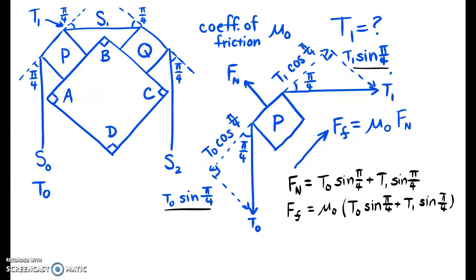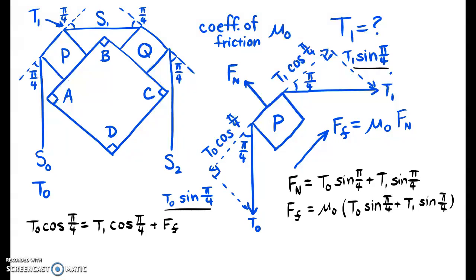So we have T0 times cosine of pi over 4. That's a force that's acting downwards. It must be equal to the tension force, T1 cosine of pi over 4, that is acting upwards. But this T1, the tension force, is also helped by friction in moving upwards, as we can see. So we add the force of friction.